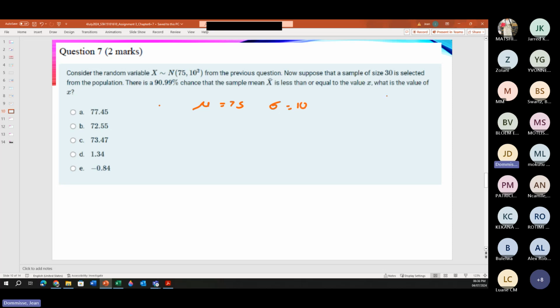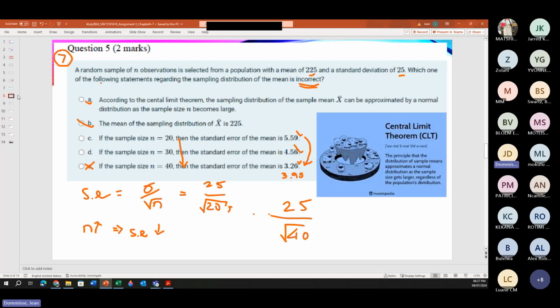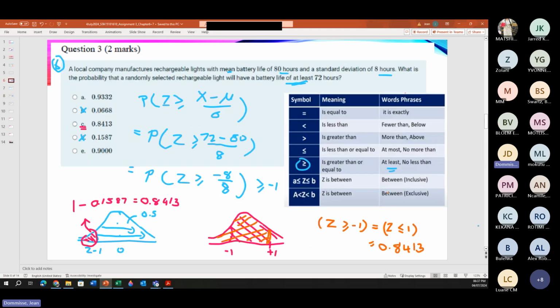Now suppose that a sample of size 30 is selected from the population. There is a 90.99% chance that the sample mean is less than. Where is that? So they're definitely not making it easy. Is less than.